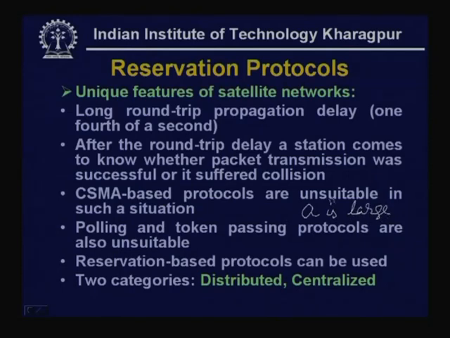And as we know, whenever a is large, the throughput or the efficiency of CSMA based protocols is very poor. That is why CSMA/CD or CSMA based protocols cannot be used in situations where the propagation delay is very long, particularly in satellite communication. In satellite communication, as you have seen, the propagation time is quite large, and as a consequence the schemes based on collision detection cannot be used.